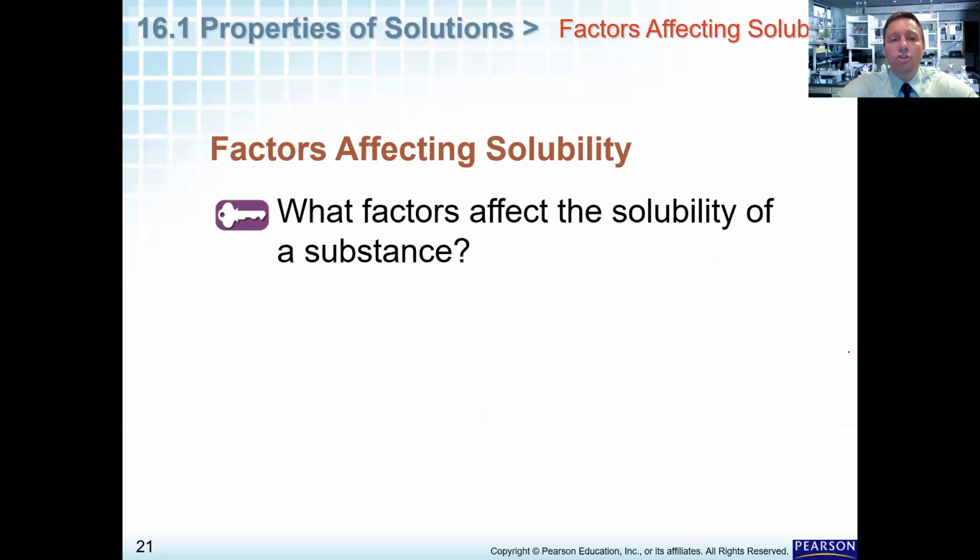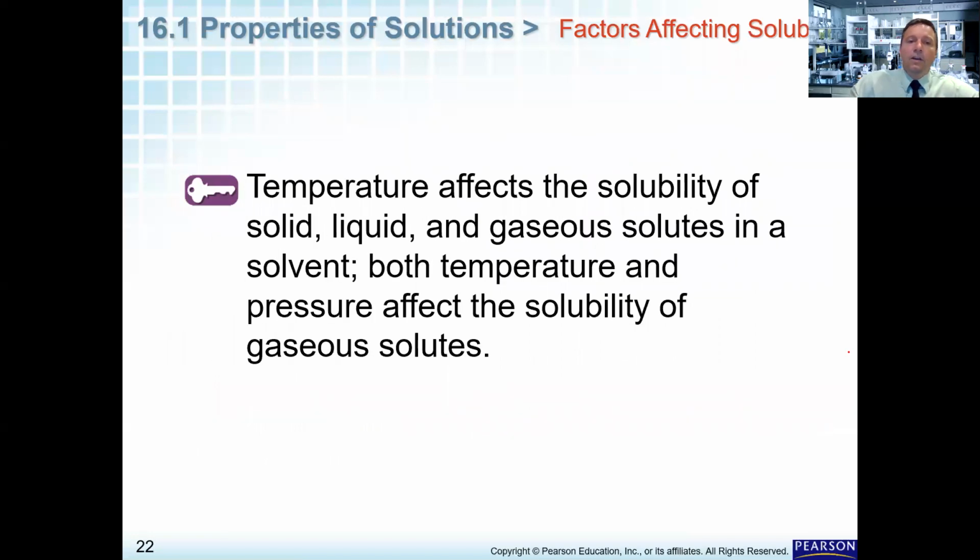Factors affecting solubility. What factors affect the solubility of a substance? All right, so temperature affects the solubility of solids, liquids, and gaseous solutes in solvent. Both temperature and pressure affect the solubility of a gas. So that's real important.